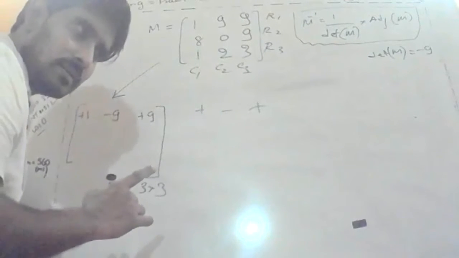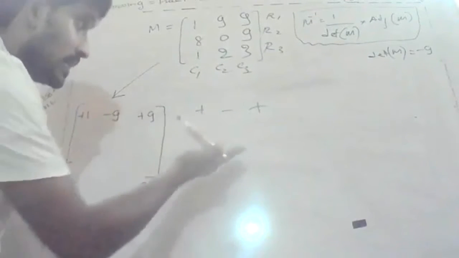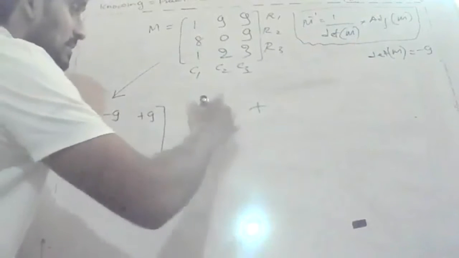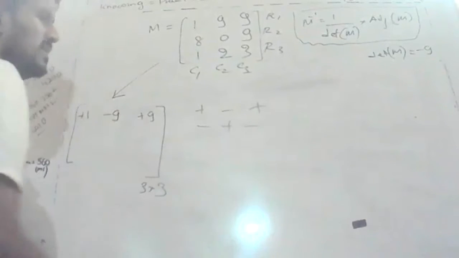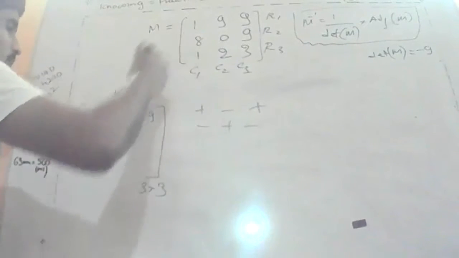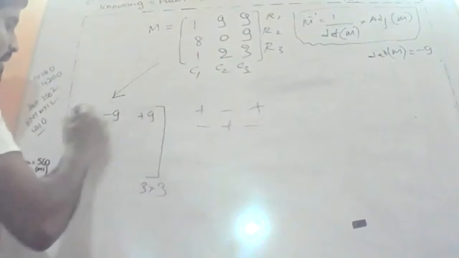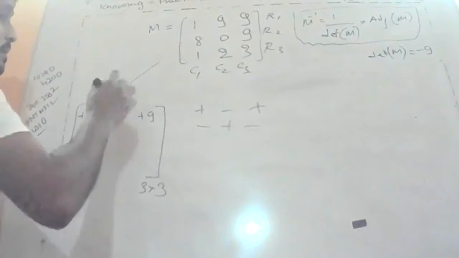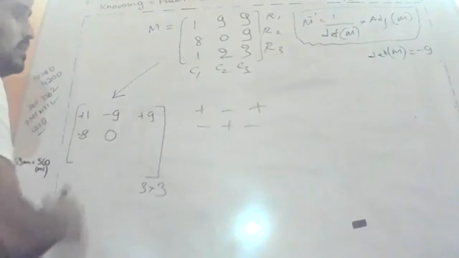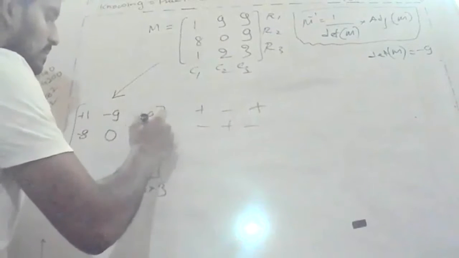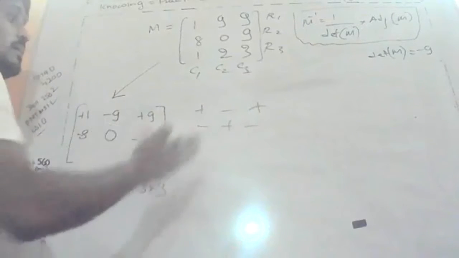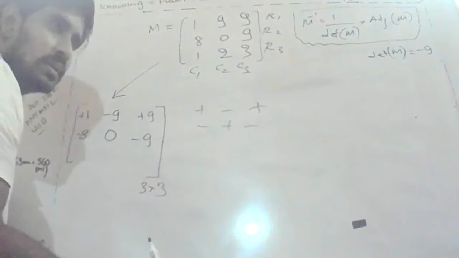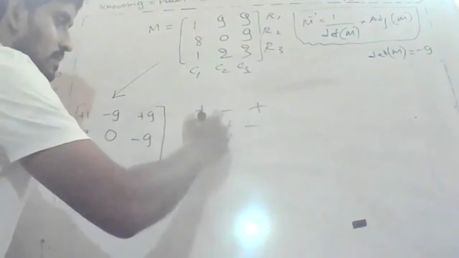What is the coefficient pattern for the second row? Let me teach you that. That is negative, positive, negative. That means this guy would be negative 8, positive 0, and negative 9. Third row, again, what is the coefficient rule?